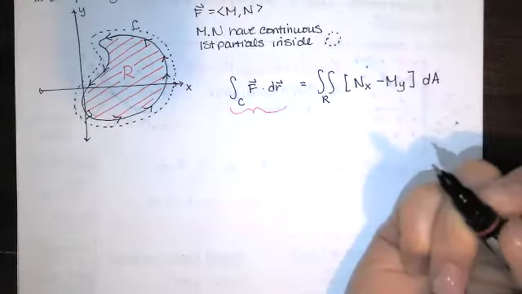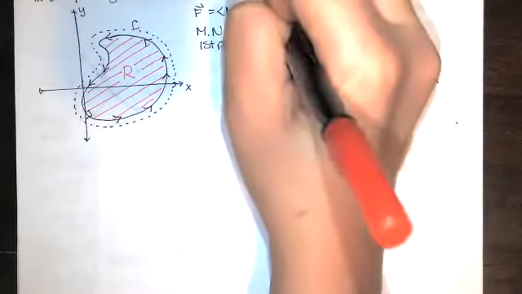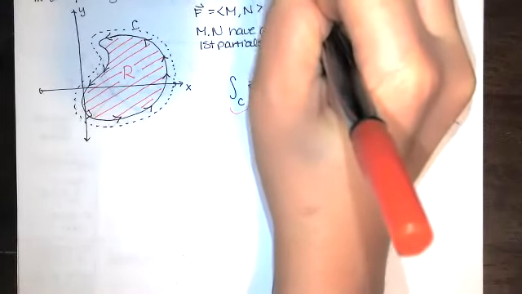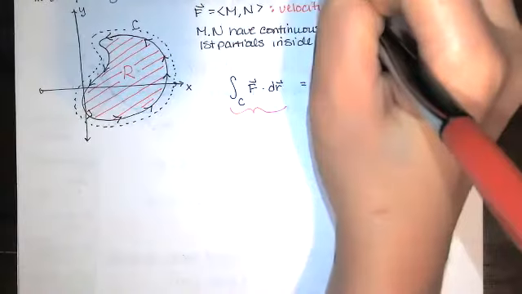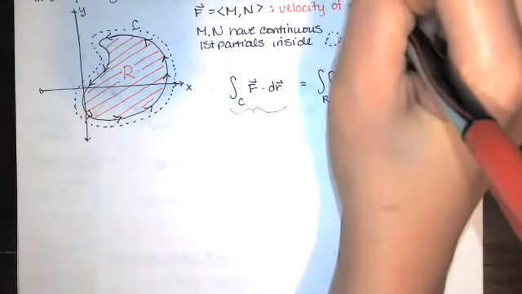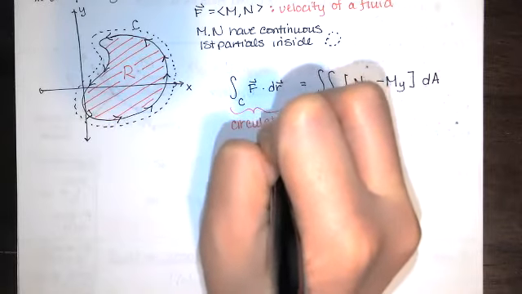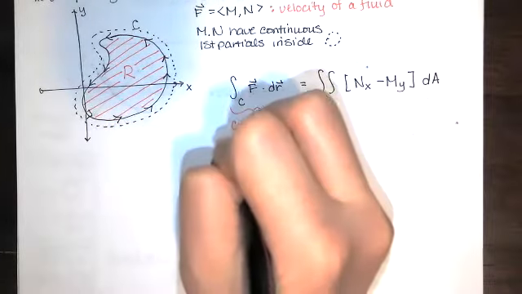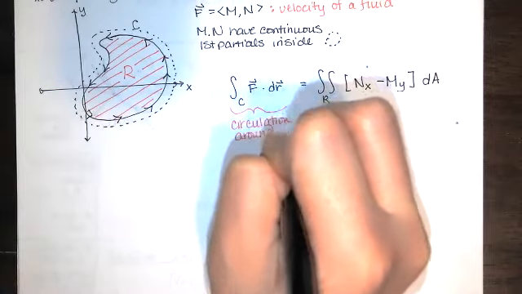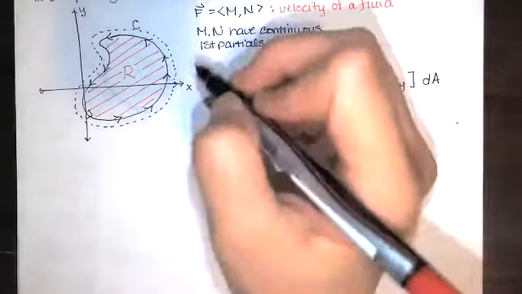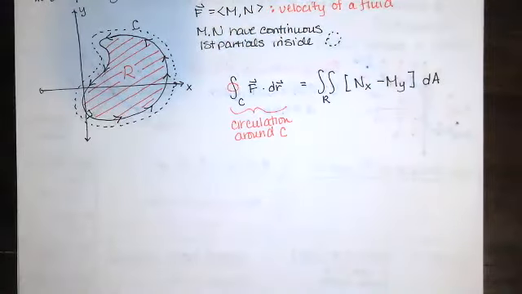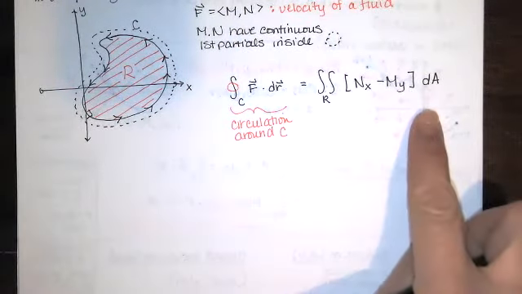So if F represents the velocity of some fluid, then this represents the circulation of that fluid around C. And our curve C is closed, so we could put a little circle like that. Well, that's equal to this over here.